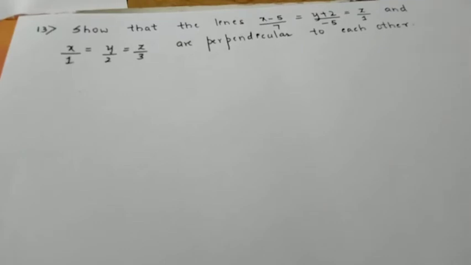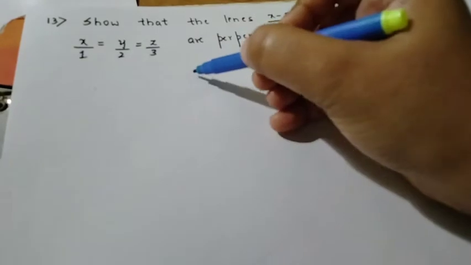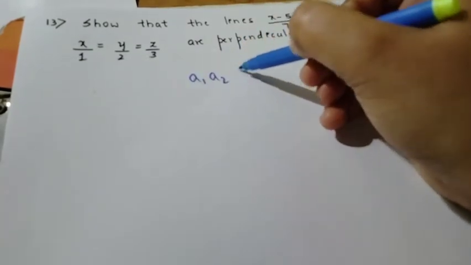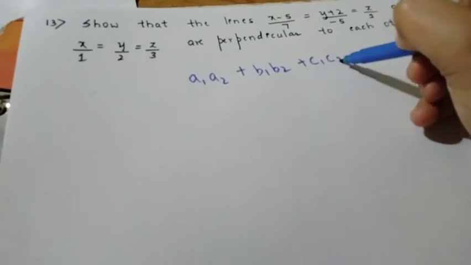So here it is given the 13th example. Show that the lines (x minus 5)/7 = (y plus 2)/(minus 5) = z/1, and one more line is given, x/1 = y/2 = z/3, are perpendicular to each other. This is again the same condition: A1 A2 plus B1 B2 plus C1 C2 should be equal to 0.